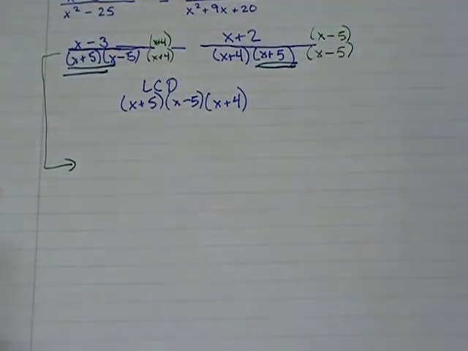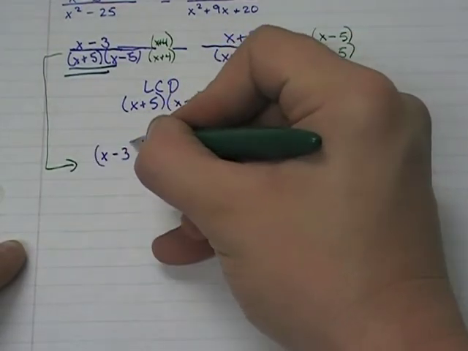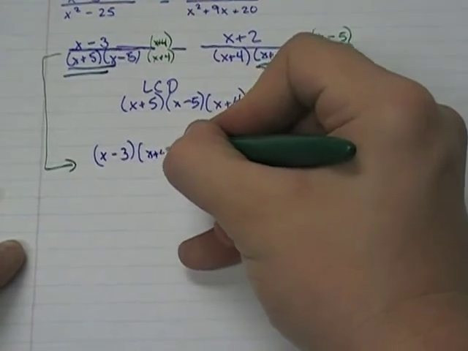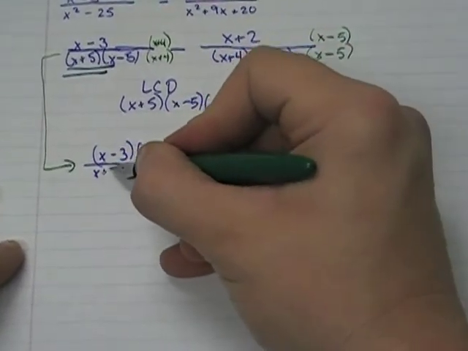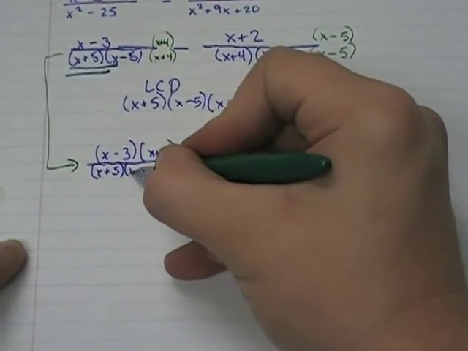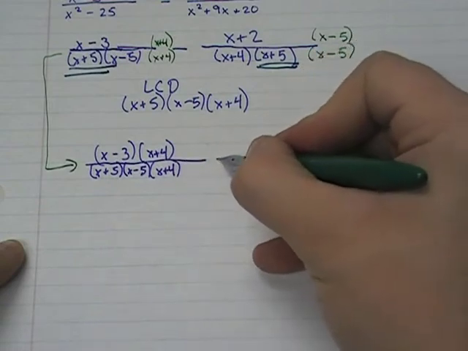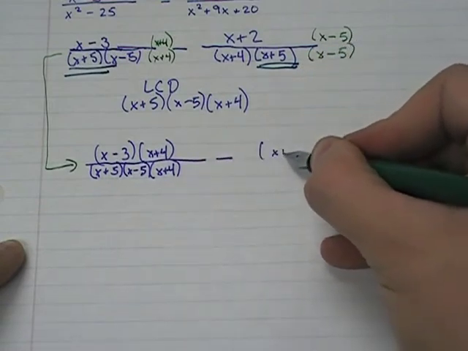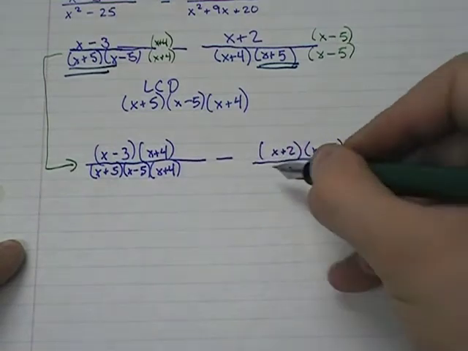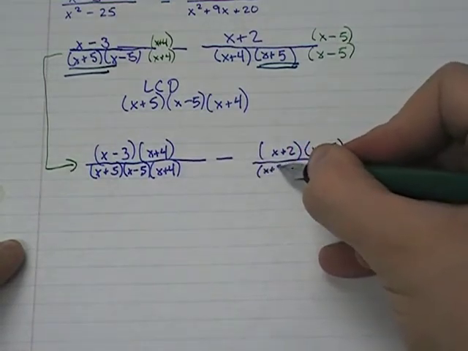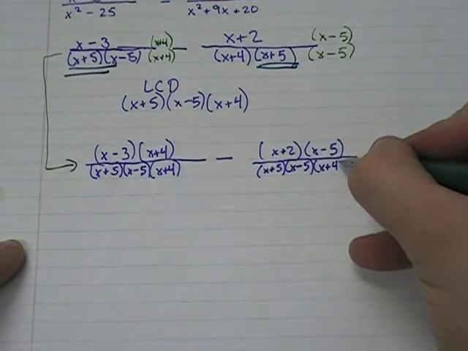Well, I end up with (x - 3)(x + 4) over (x + 5)(x - 5)(x + 4), minus (x + 2)(x - 5) over (x + 5)(x - 5)(x + 4).